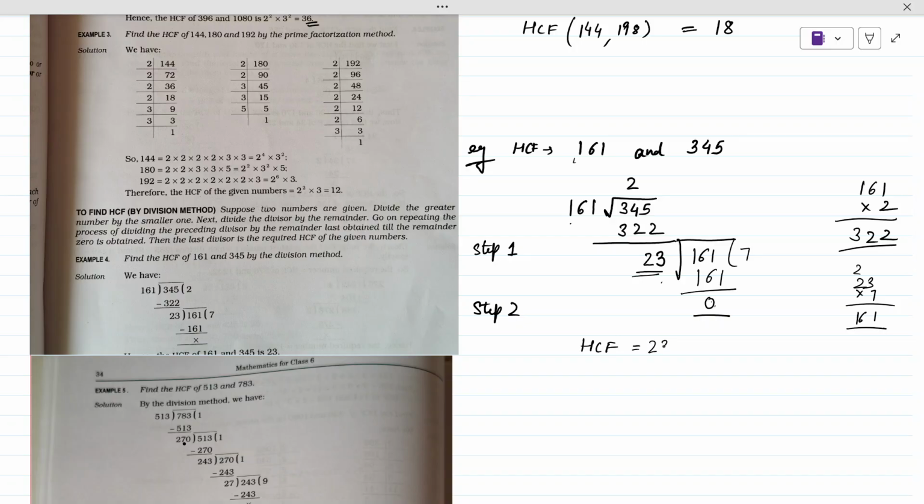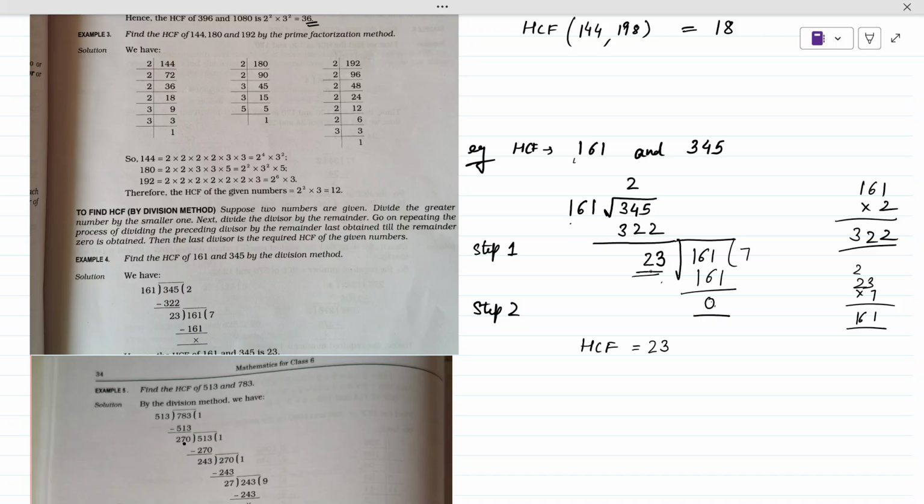So again, I'm repeating what we have to do for the division method. If we are given two numbers, we have to divide them, and if we get 0 as the remainder, that means the divisor which we were using is the HCF.